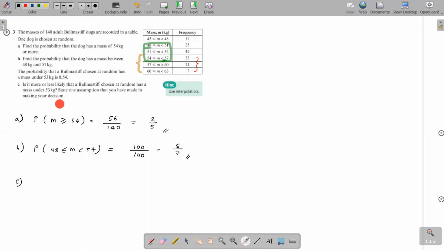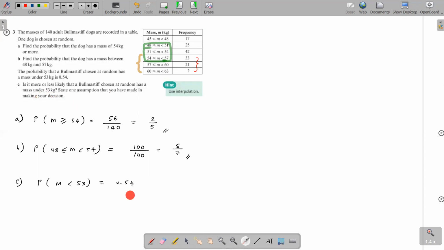Okay, what's going on here now? They are giving you the probability that the mass is under 53 is 0.54. But they are asking you, is it more or less likely? I mean, they are asking whether the probability that the mass is under 53 is lower than or higher than this value.